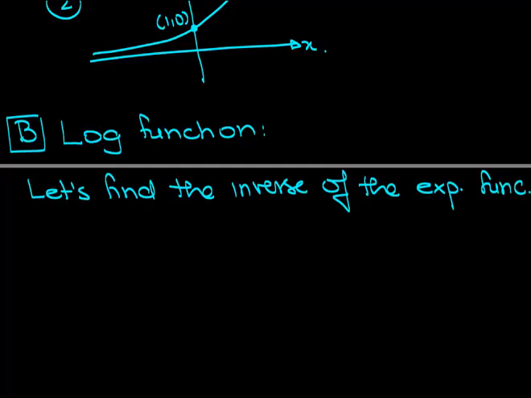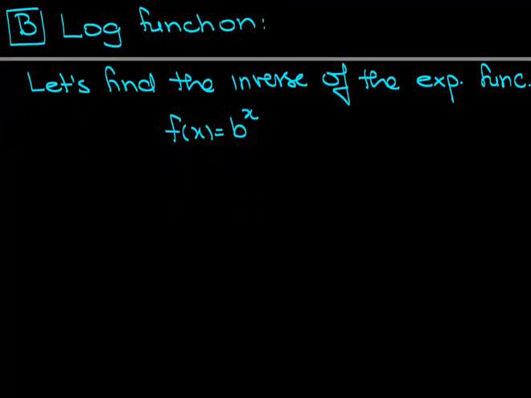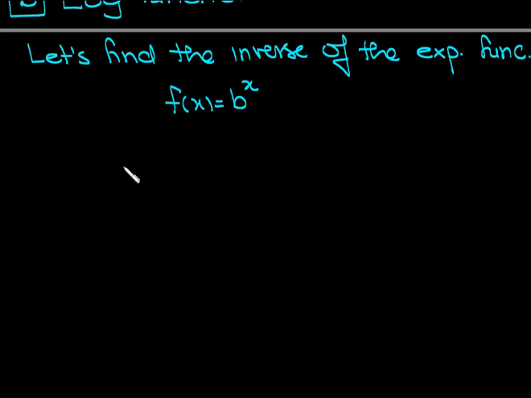Here's my exponential function, f of x is equal to b to the x. Since it's 1 to 1, I know it has an inverse. This is the same thing as y, so we switch x and y. So we get x is equal to b to the y. That's how we find an inverse. And then the next step is to solve for y.